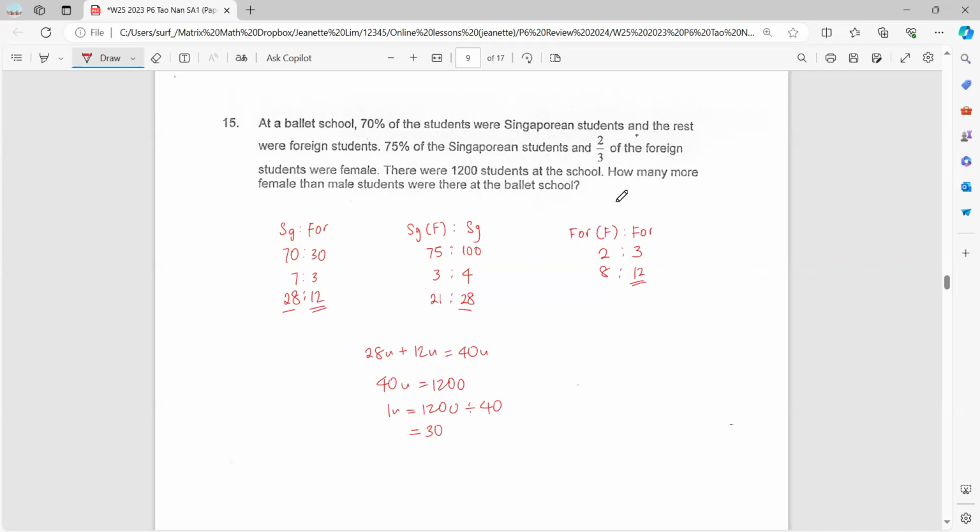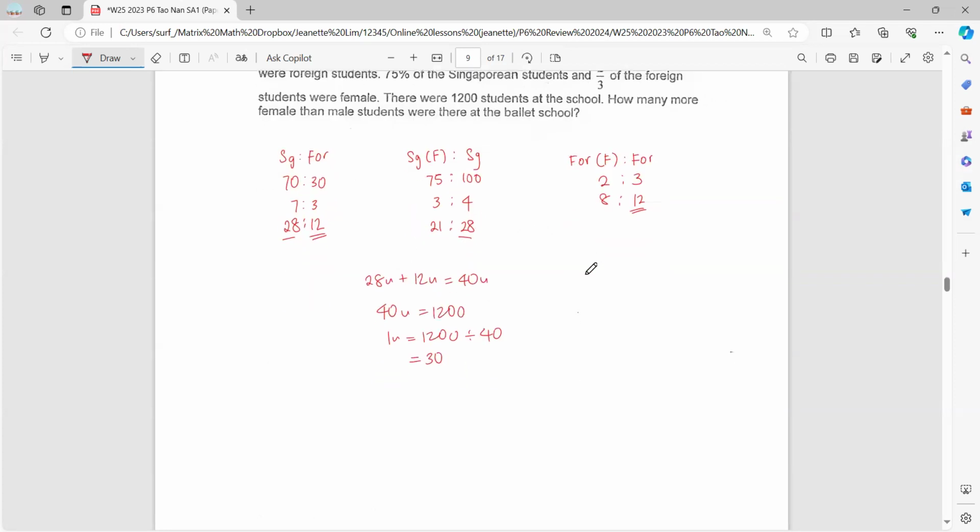What are we looking for? How many more female than male students were there at the ballet school? Okay, so we're comparing the total female students versus the total male students. The total female students will be 21 plus 8 units, which is 29.